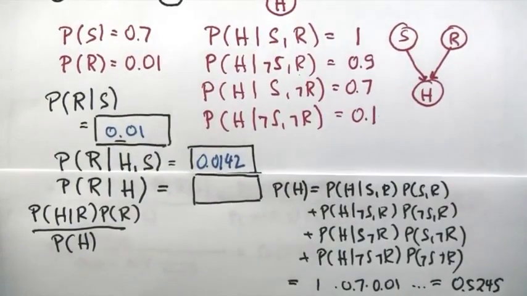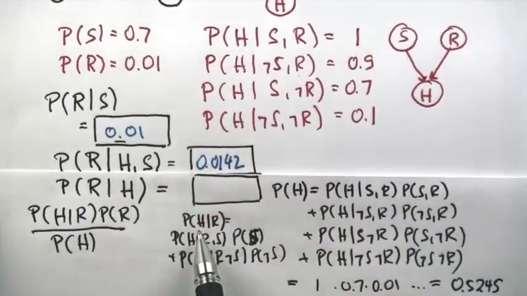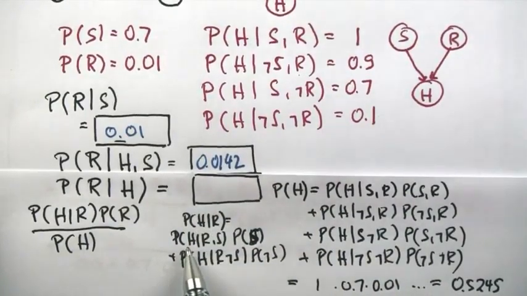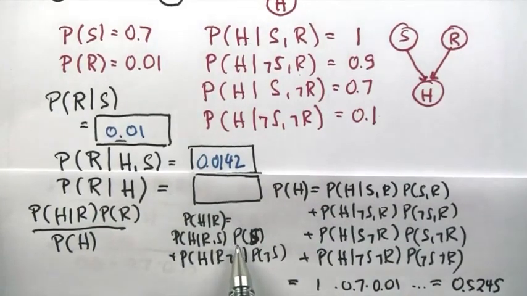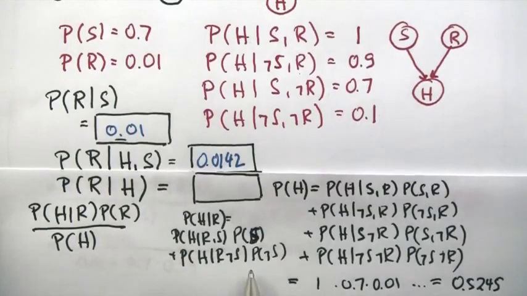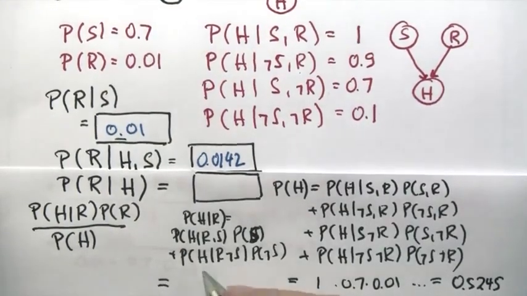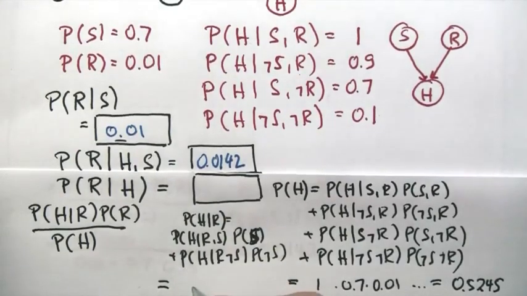So the only thing we need to compute now is P of H given R. And again, we apply total probability. Let me just do this over here. We can factor P of H given R as P of H given R and S for sunny times probability of sunny plus P of H given R and non-sunny times the probability of non-sunny. And if you plug in the numbers for this, you get 1 times 0.7 plus 0.9 times 0.3. That happens to be 0.97.